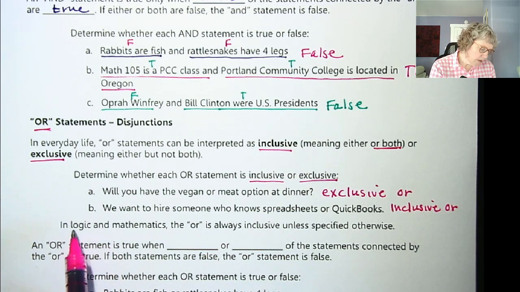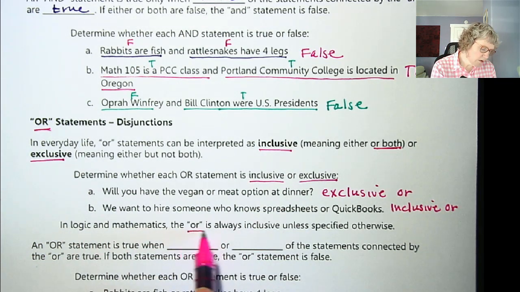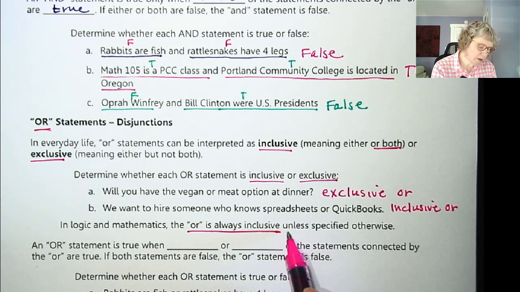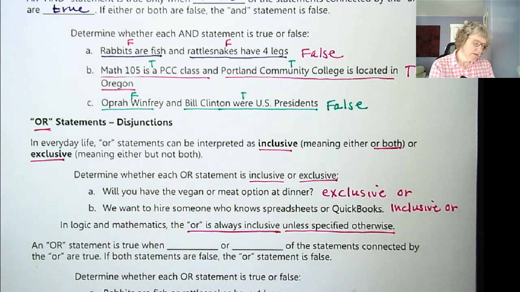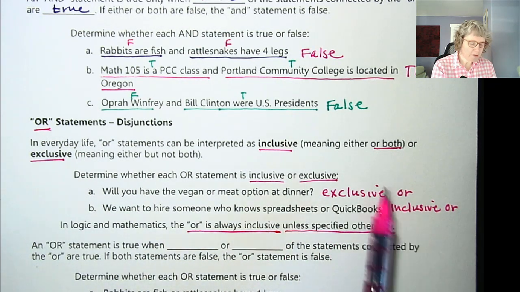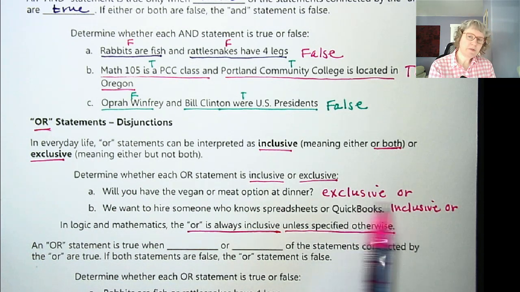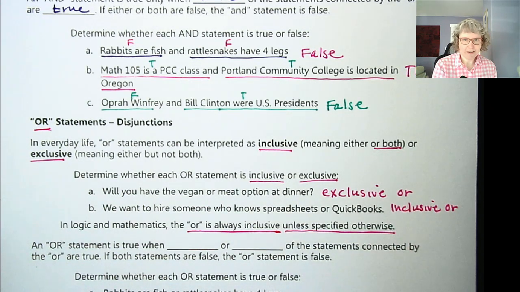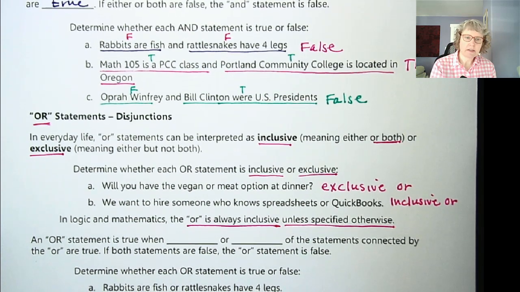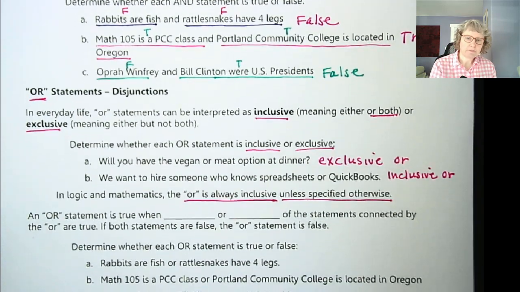In logic and mathematics, the or is inclusive unless specified otherwise. In English, we often mean the exclusive or, it depends on the situation. So pay careful attention to this, because in logic and math, usually the or is inclusive. You have to say that it's not if it's exclusive.